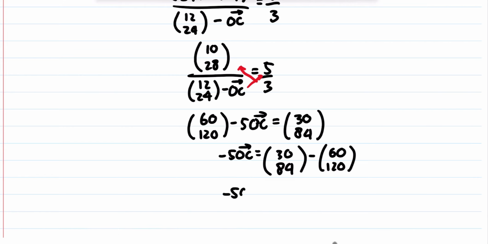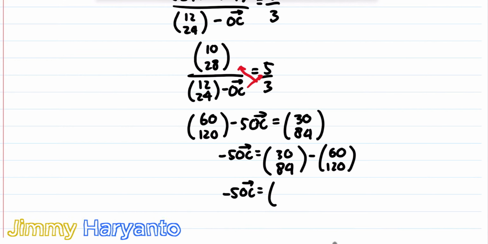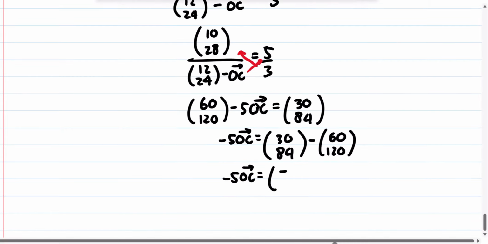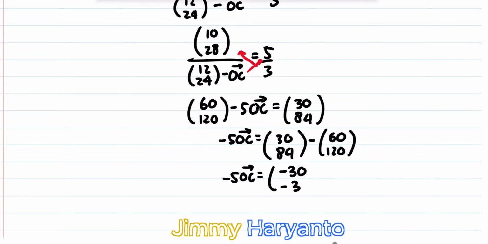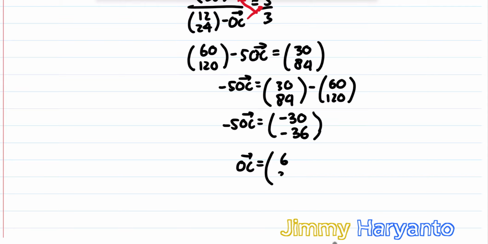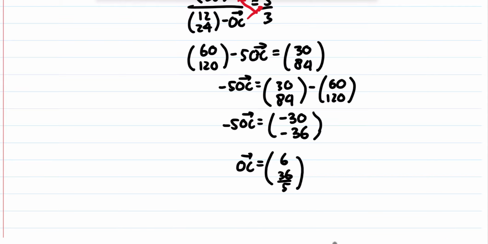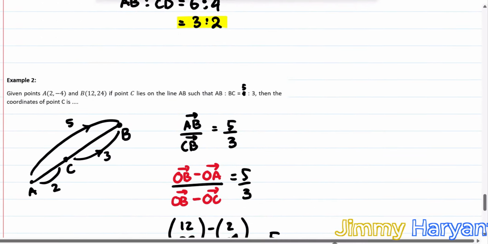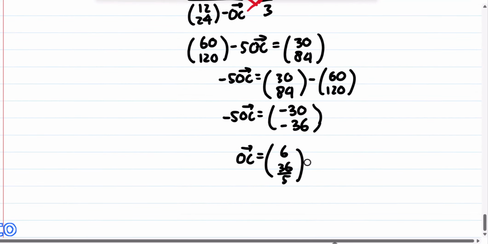So negative 5 OC equals negative 30 and negative 36. So the point of C is 6 and 36/5. There you go. This is how you do the ratio of vectors.